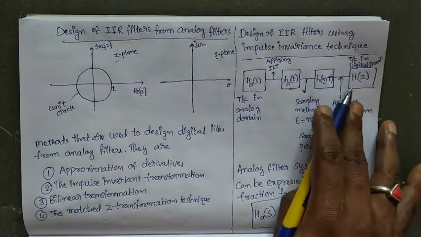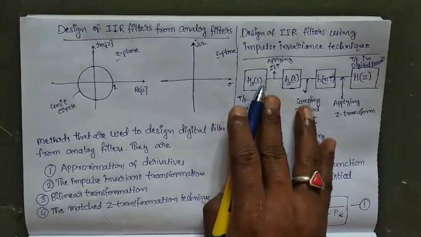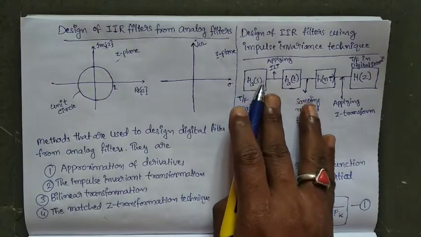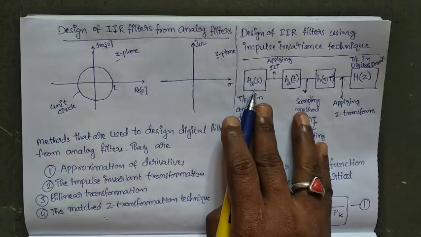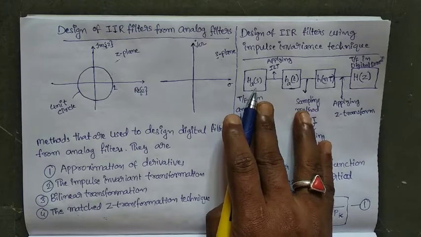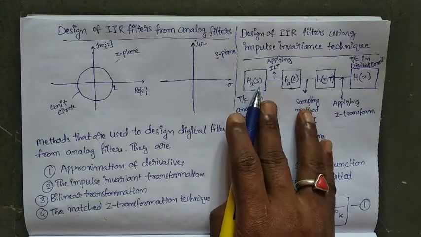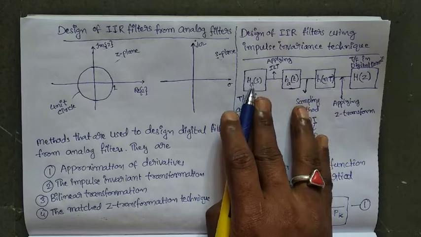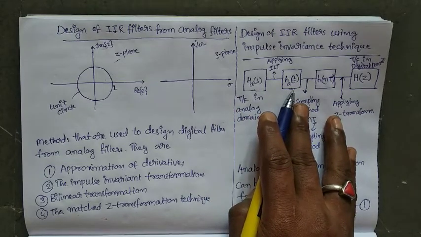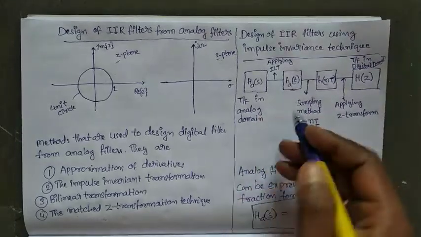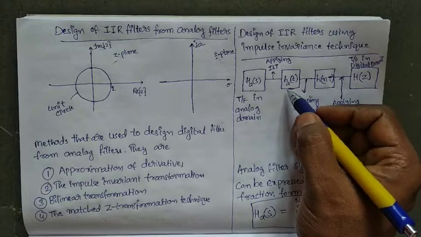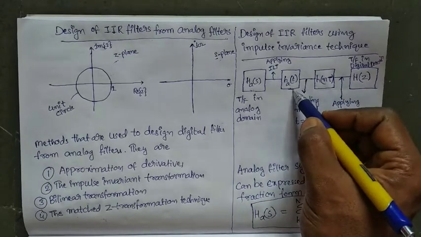To obtain H of Z from the analog filter transfer function, the first step is to apply the inverse Laplace transform to HA of S. The inverse Laplace transform of HA of S is HA of t, which is the impulse response of the analog filter.